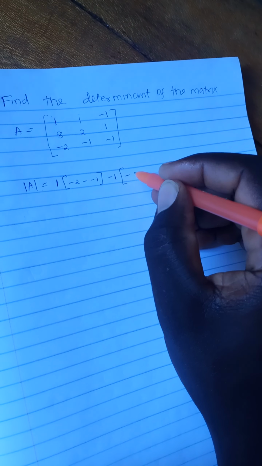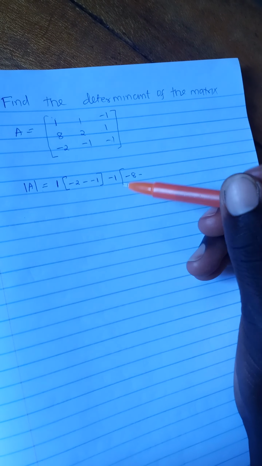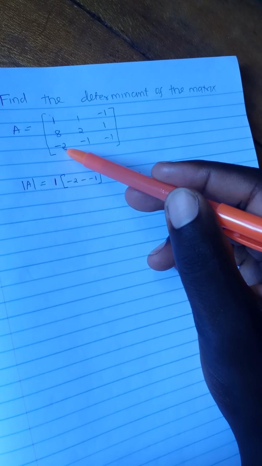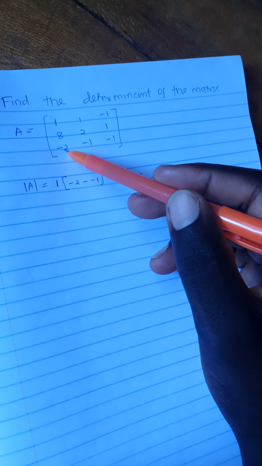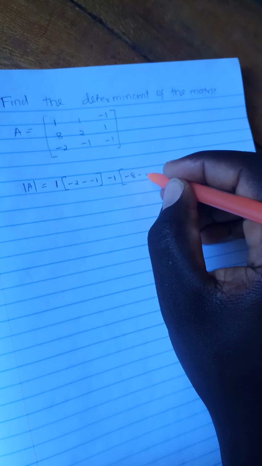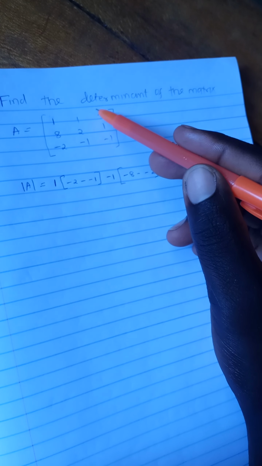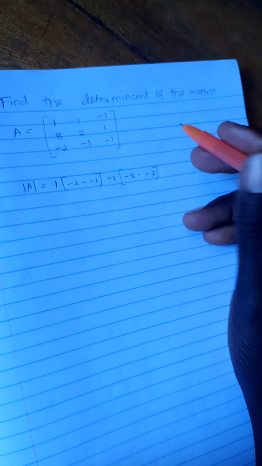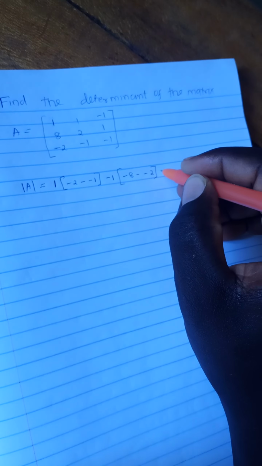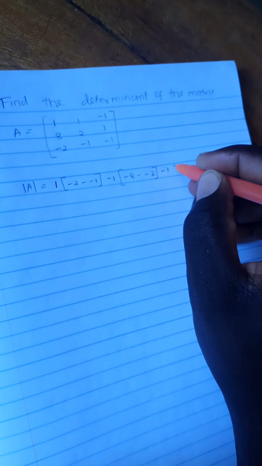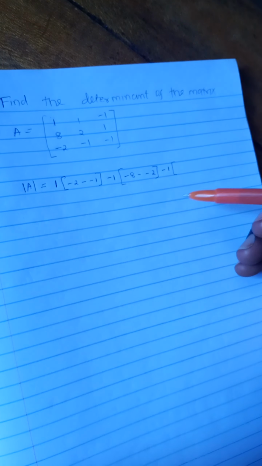So I shall write it here, negative 8, minus 1 times negative 2. 1 times negative 2 is just negative 2. Then I close the bracket. Then I also take the positive of negative 1. So that means positive of negative 1 will be just negative 1. Then I open the bracket.